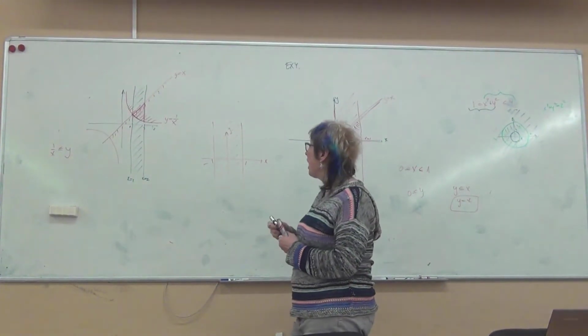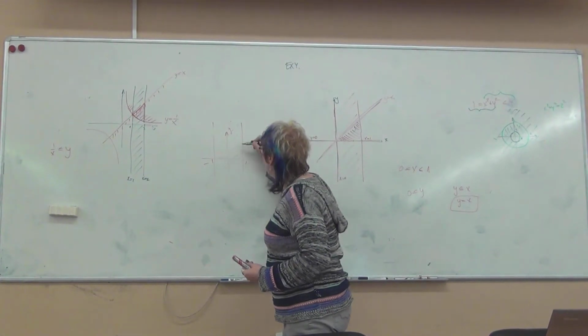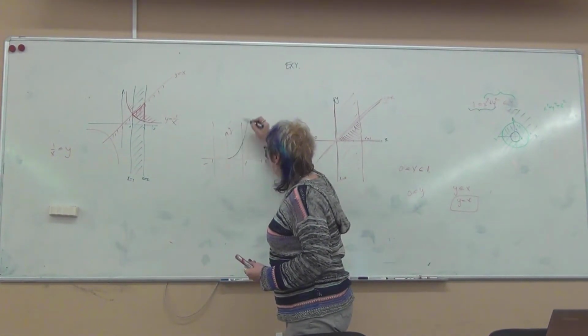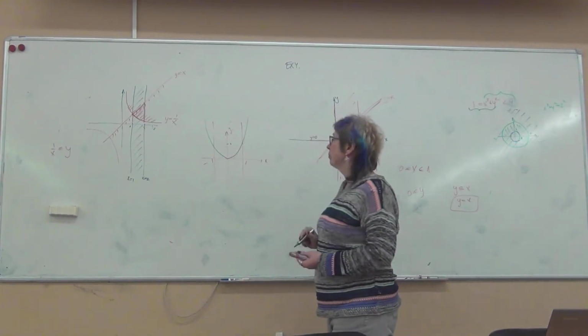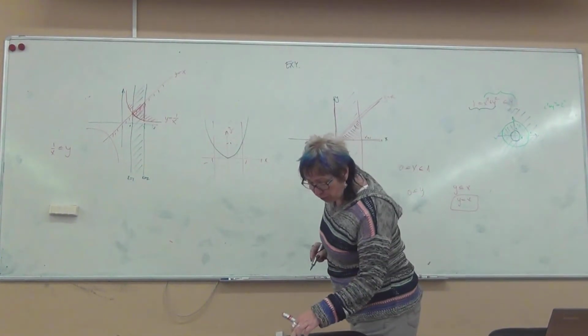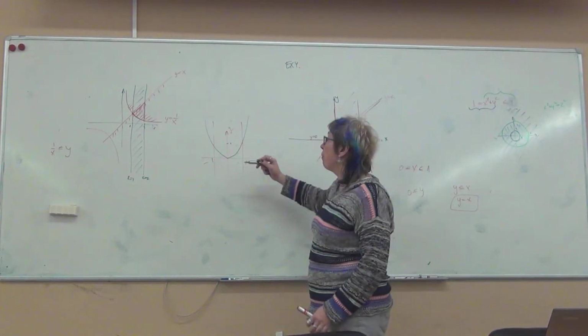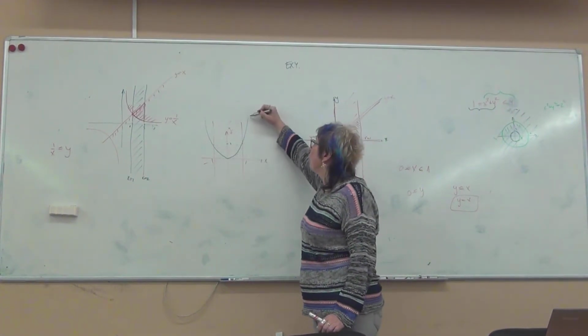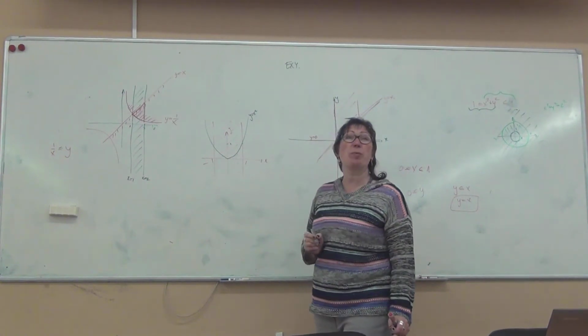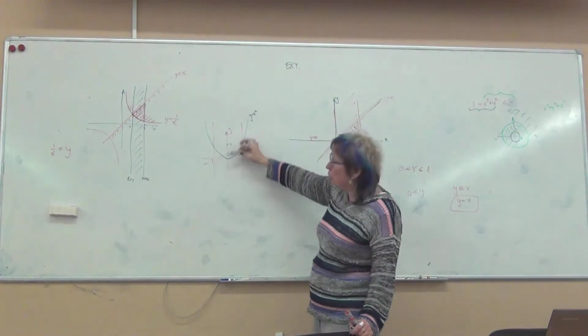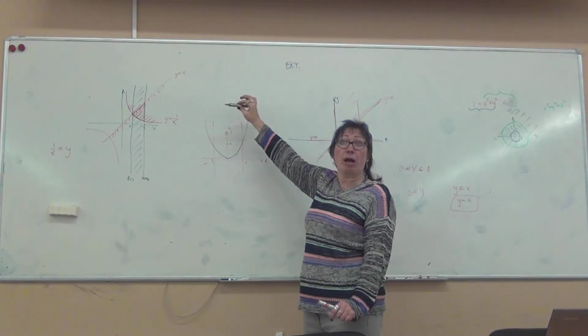So y is equal to x squared. Well, obviously on the parabola. This is 1. And less than 1. So if y is greater than, on this curve, y is equal to x squared, so if y has to be greater than that, we need to look above the parabola.